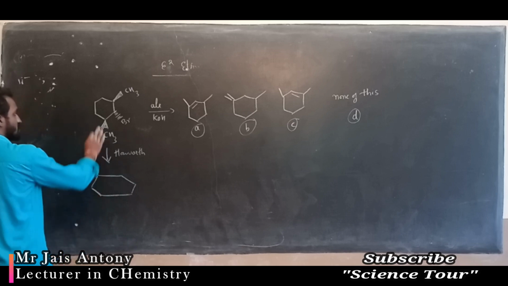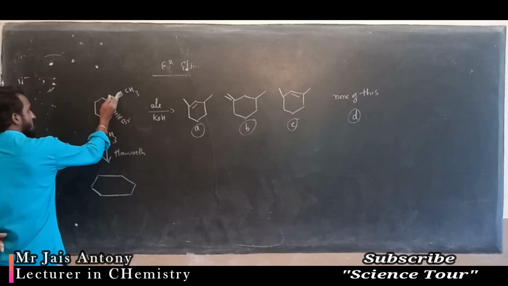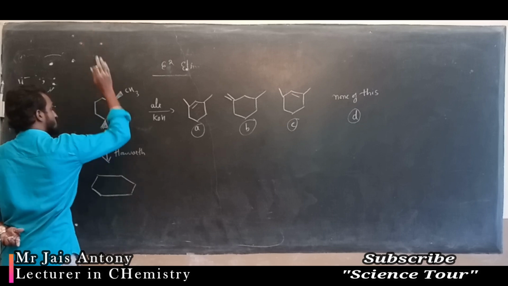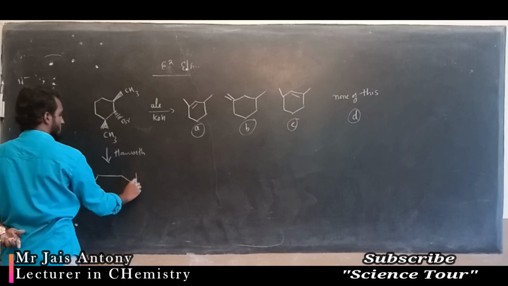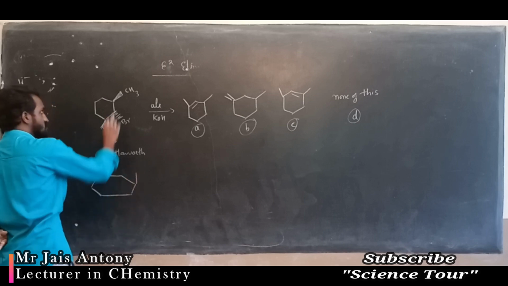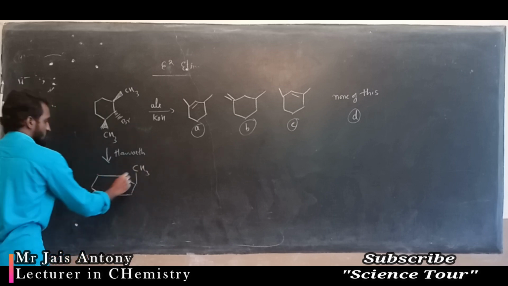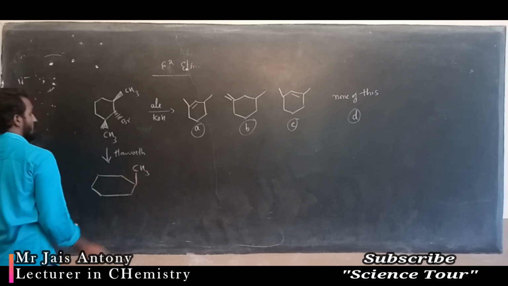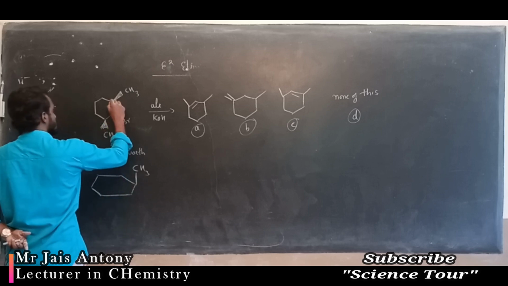See here, I will change this to the Haworth structure, same thing. Here the one facing this ring, this CH3, I will write here, facing towards you. And here one H is there, away from you like this.